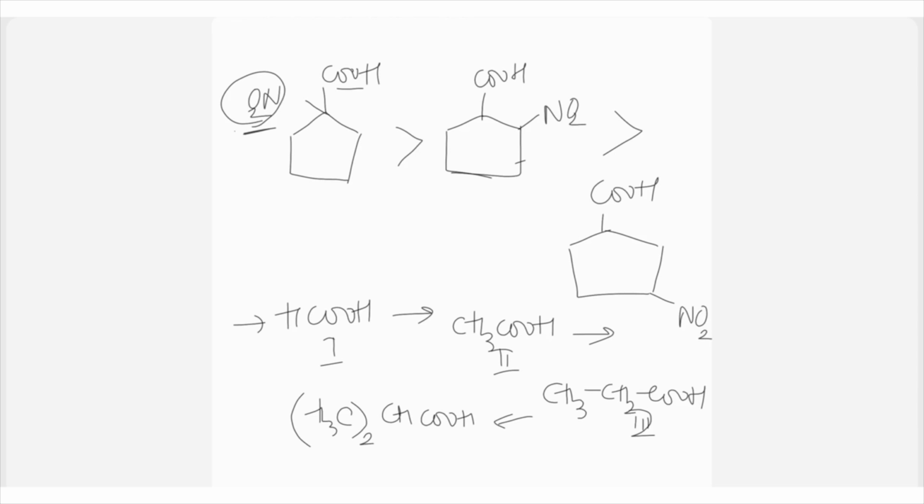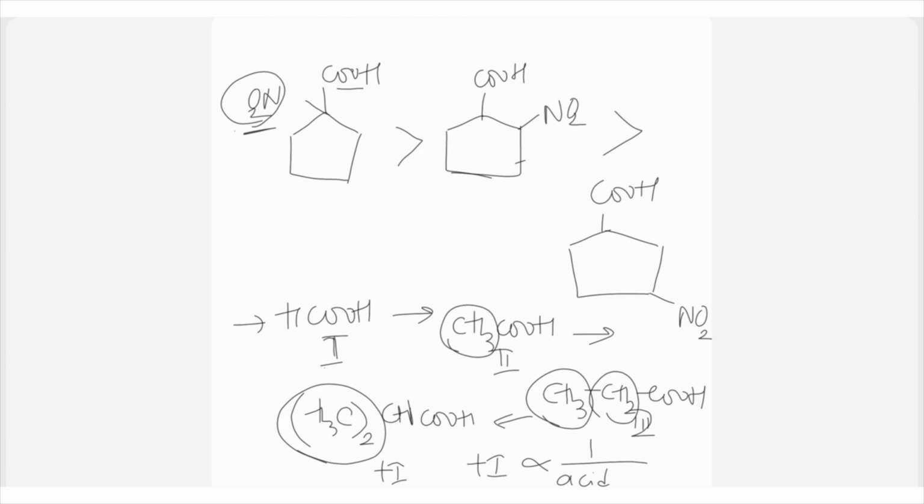So what is the reason behind this? It's just the +I effect. Methyl group that is added on to the acid is nothing but the +I group. +I groups will increase the electron density, so accordingly the acidic nature decreases. So +I group is inversely proportional to the acidic behavior of carboxylic acids.